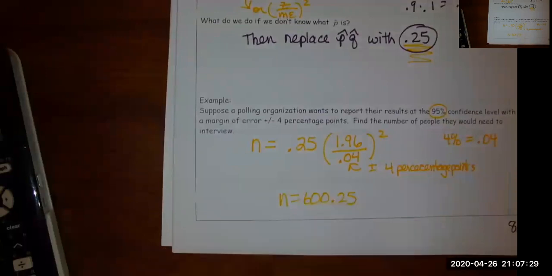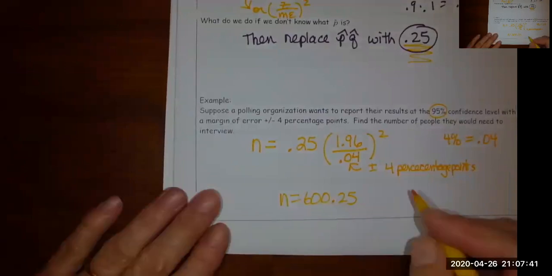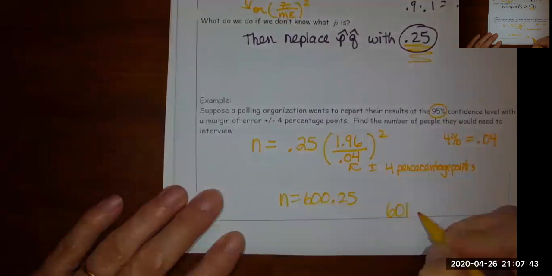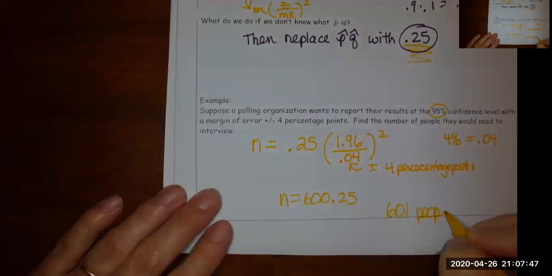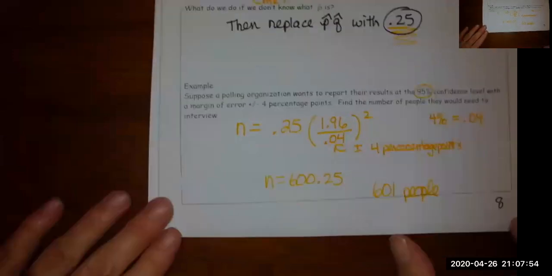Now I'm not allowed to use that. We can't have 0.25 of a person. And in this case, I know that you're used to rounding down, but we don't want to round down. We want to say how many people. So this would be 601 people. Okay, so in our sample, we need to go find 601 people.